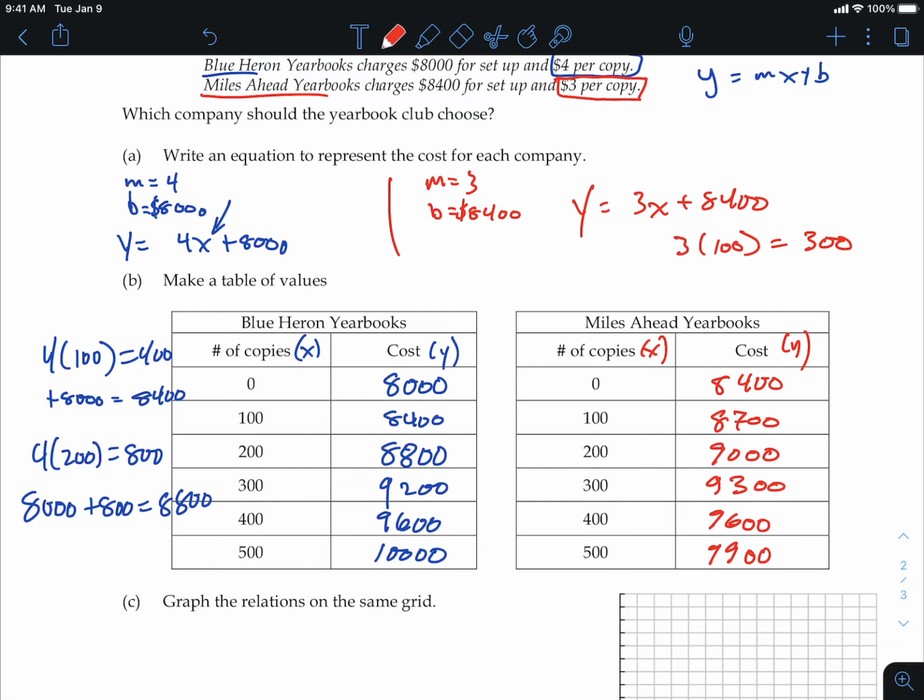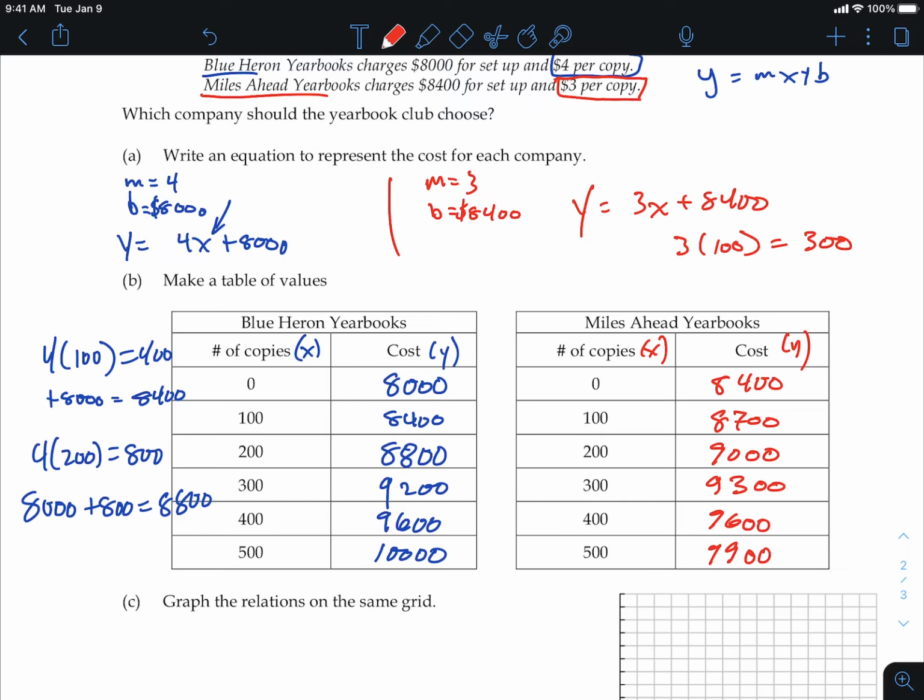Can we identify for both tables the point of intersection? You should see 1 point occur twice, in both tables. Yeah, 400.